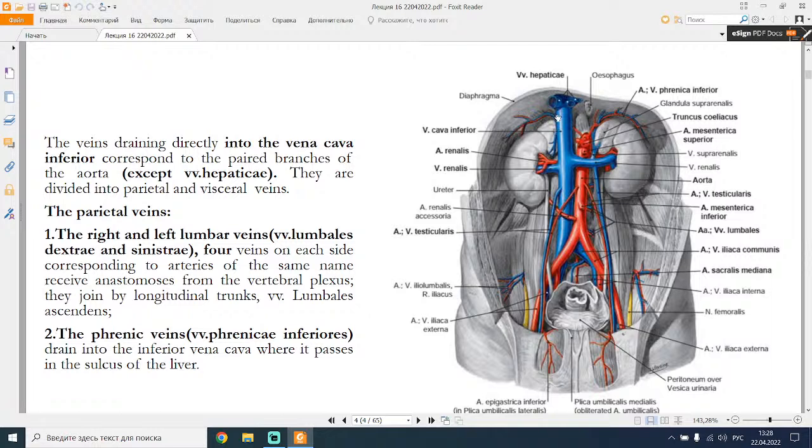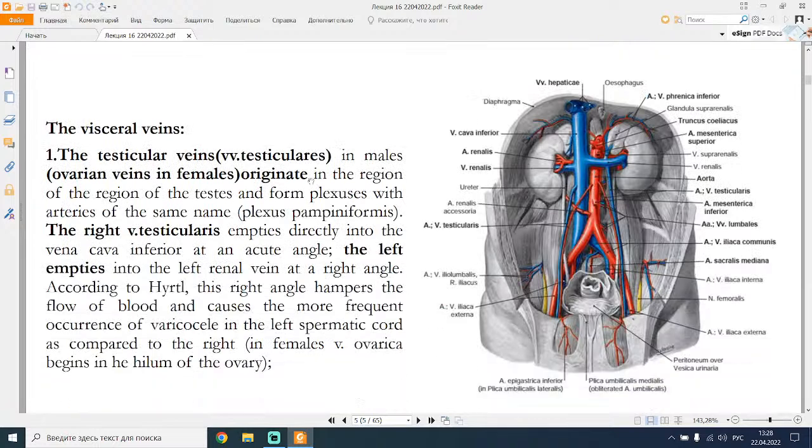This is vena phrenica inferior. The right and left lumbar veins, vena lumbalis sinistra and vena lumbalis dextra. Next group, the visceral veins.